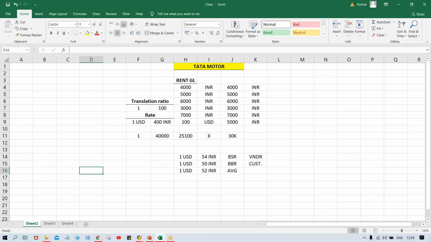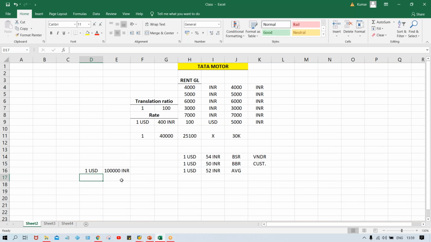Okay, say for example, 1 USD equals 1 lakh Indian currency. Or any other currency, guys. Let's suppose 1 USD equals 1 lakh Indian currency. In that case, how are you going to specify the rates?